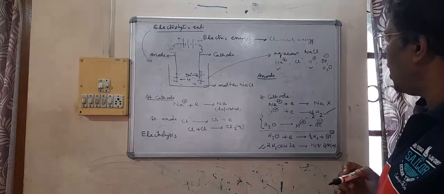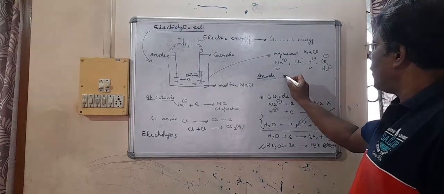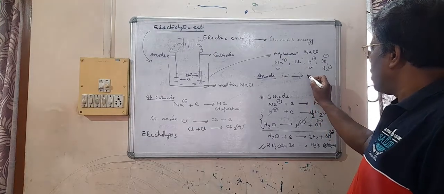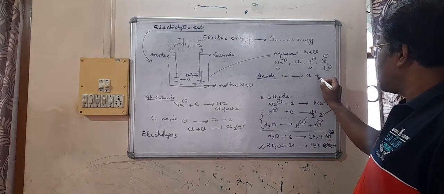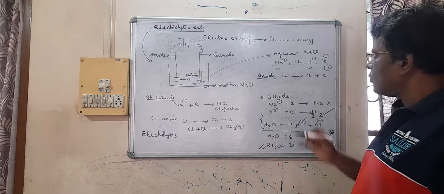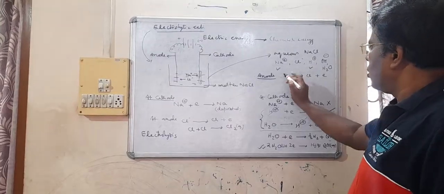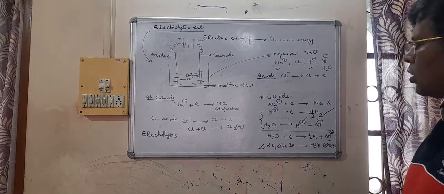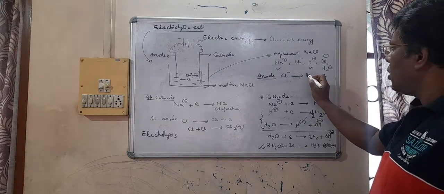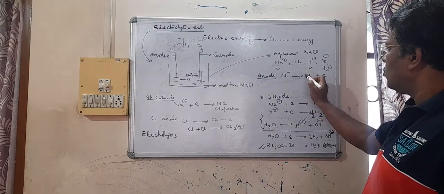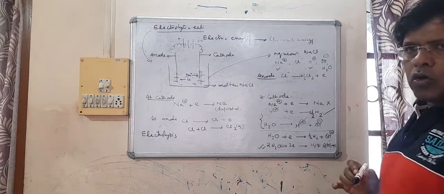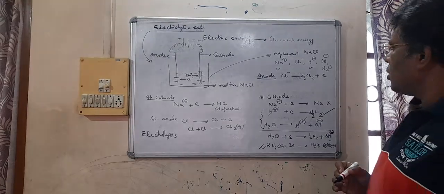Two possible things at the anode: Cl- forming Cl plus electron, and to balance it we can write half Cl2, because a chlorine atom doesn't exist freely.